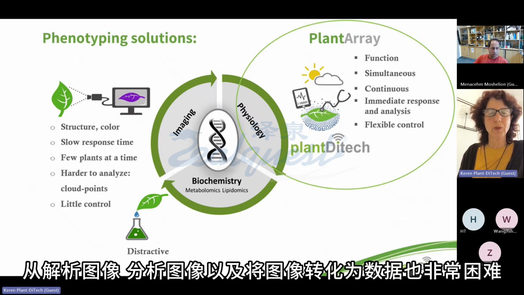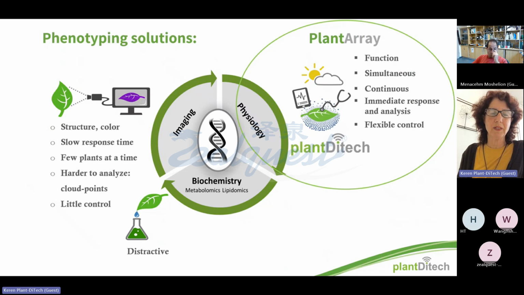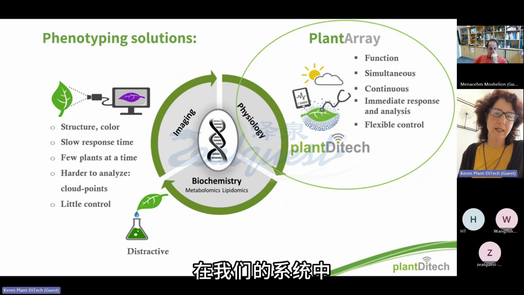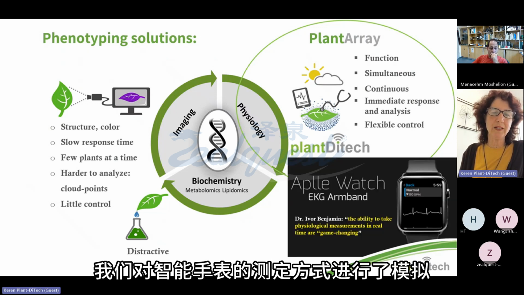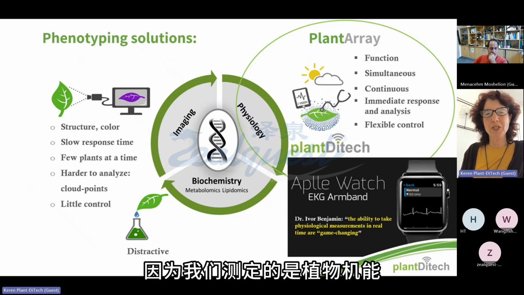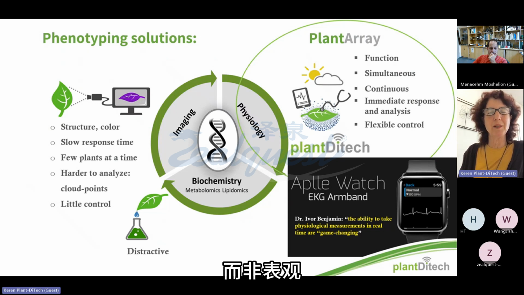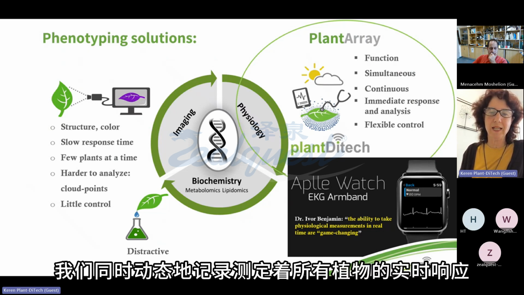It's also harder to analyze, in terms of understanding how the image is being analyzed and how to translate the image analysis to data. In our system, we again mimic the smartwatch in a way, because we are measuring the function of the plant, not exactly how it looks, but really its function.